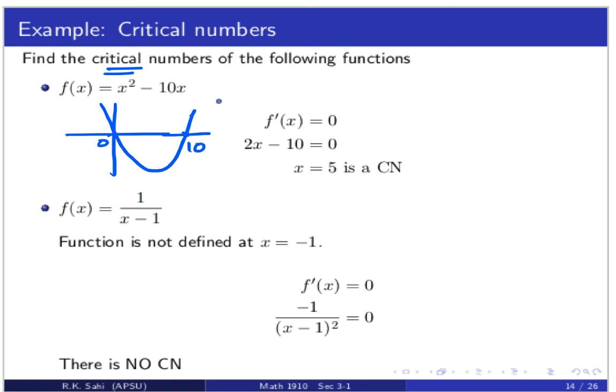So clearly we see this has a nice little valley somewhere in the middle of 0 and 10, somewhere here. Now to find that point C, where you see a nice little horizontal tangent line, what you do is you take the derivative of this function. So f prime of x, and you put that to be 0. That means 2x minus 10 is 0, or x equal to 5 is a critical number.